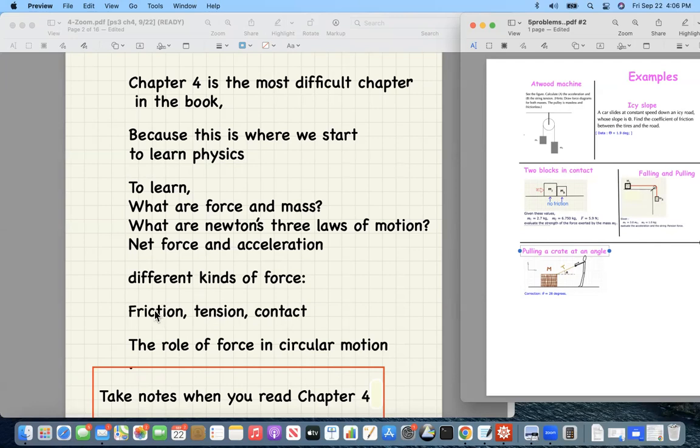Friction, is friction a push or a pull? Well, I'm not quite sure. So to say a force is a push or a pull is a little bit of an oversimplification. What about the force of gravity? The Earth is exerting a gravitational force on the moon, but they're not in contact.